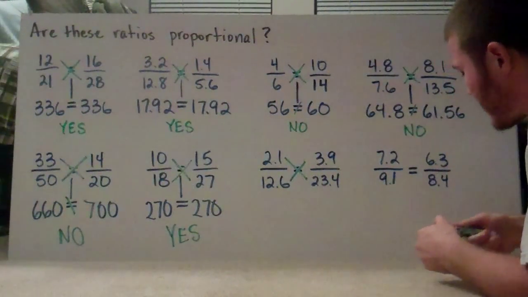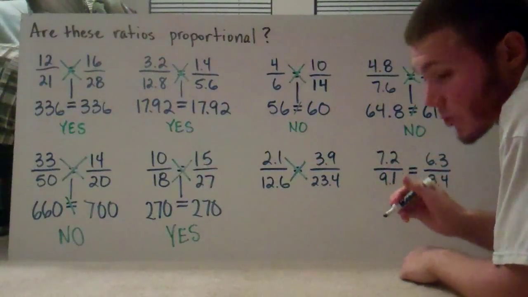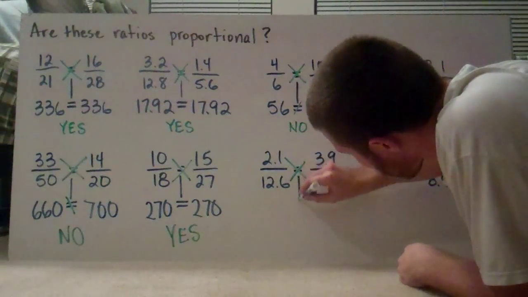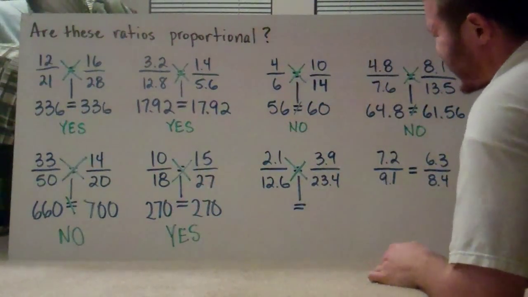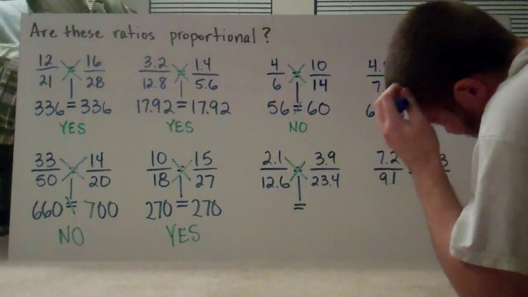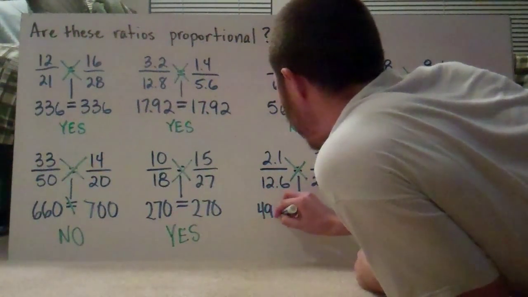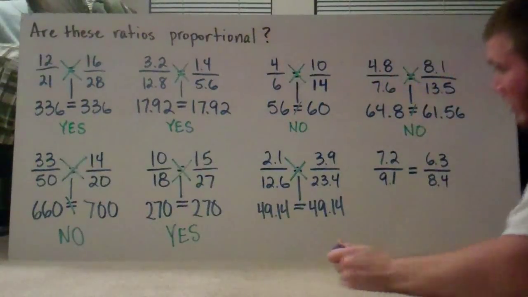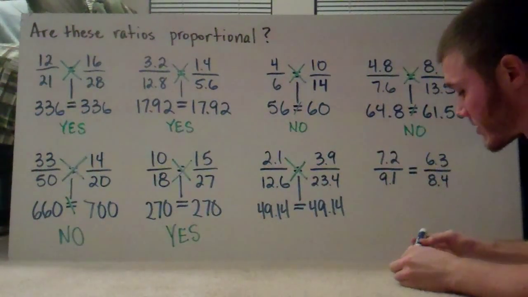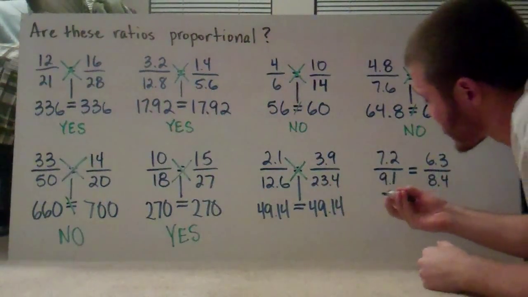Alright, so when I cross multiply, 2.1 times 23.4, I'm going to get 49.14, and I'm going to get the exact same thing when I multiply 12.6 times 3.9. Since those are equal to each other, these two sets of ratios are proportional.